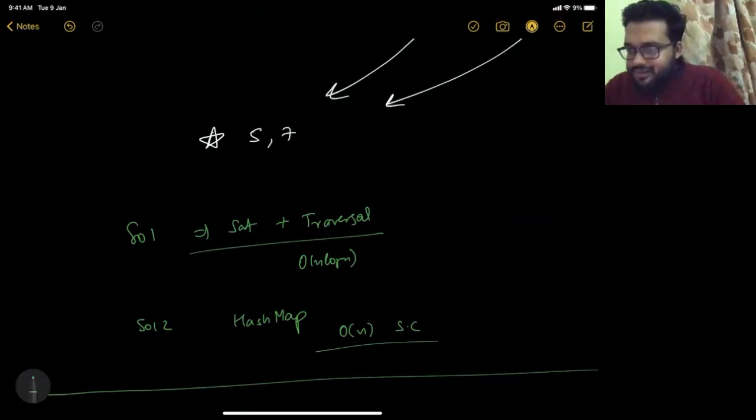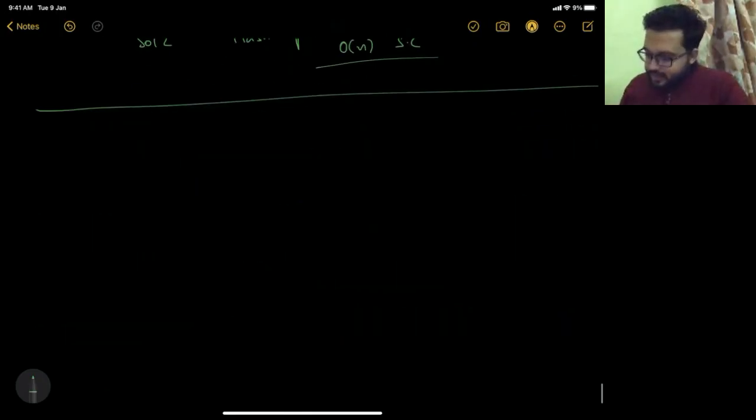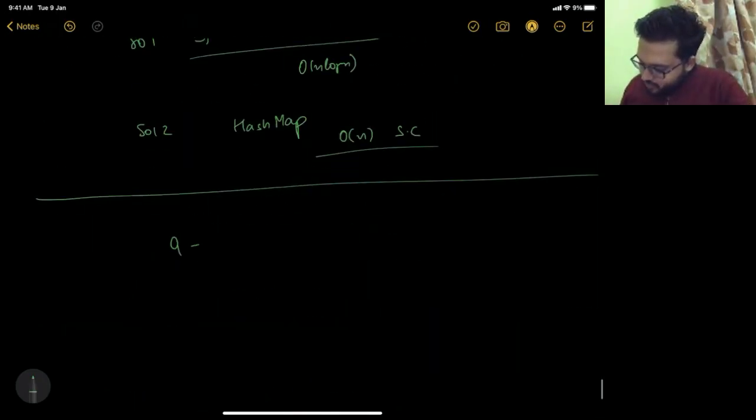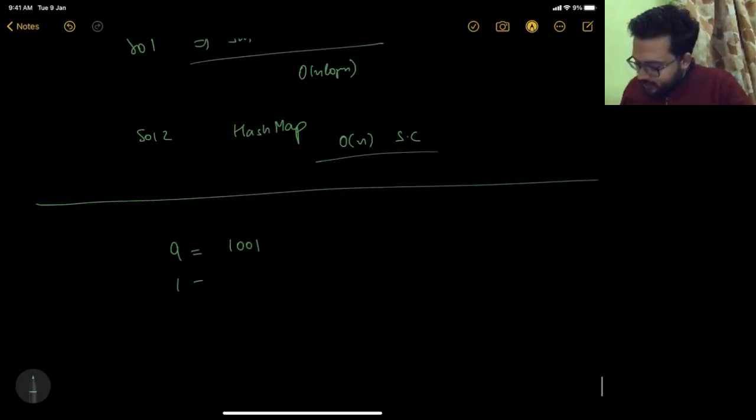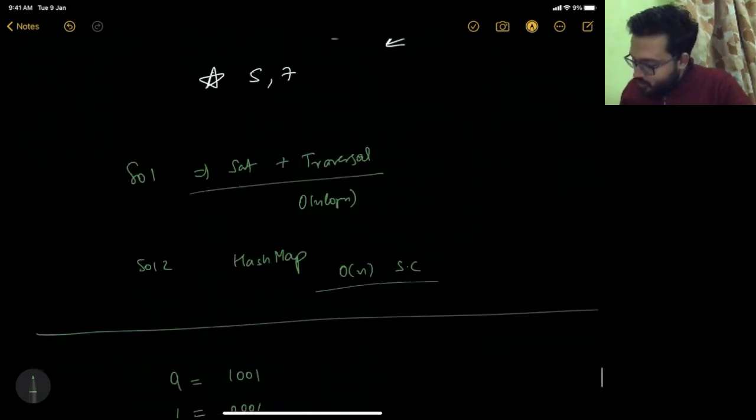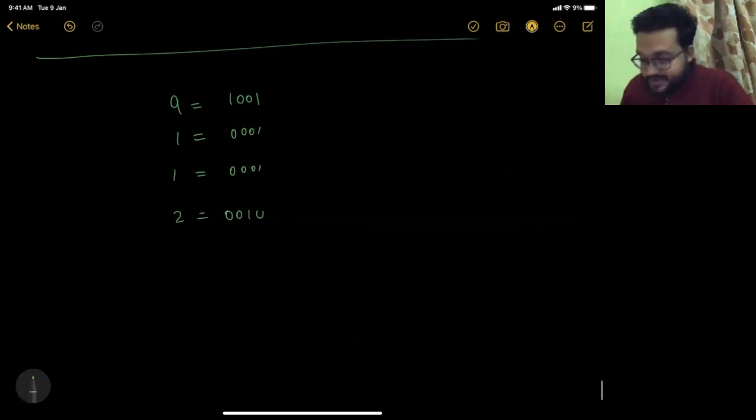So let's say my first number was 9. 9 will be represented as 1001. Second number is 1, represented as 0001. Third number was again 1, represented as 0001. Fourth was 2, represented as 0010. Fifth was 3, represented as 0011. Then I had 5, represented as 0101. Then I had 3, represented again as 0011. I had 2, represented as 0010.